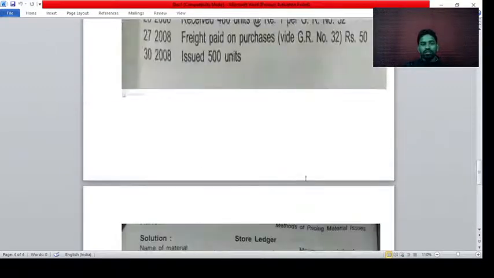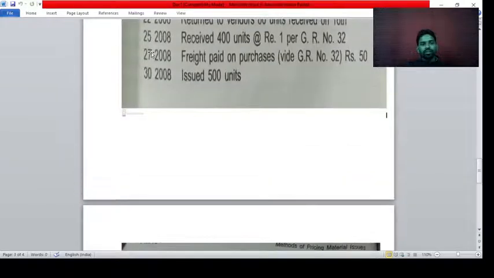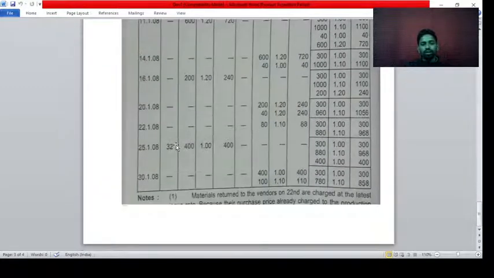Next, on 27th January 2008, freight paid on purchases. It is a freight charge, so it will not come under this statement. Now on the next date, 30th January 2008, issued 500 units. On 25th January there were 3 stocks: 300 first, 880 second, and 400 last.